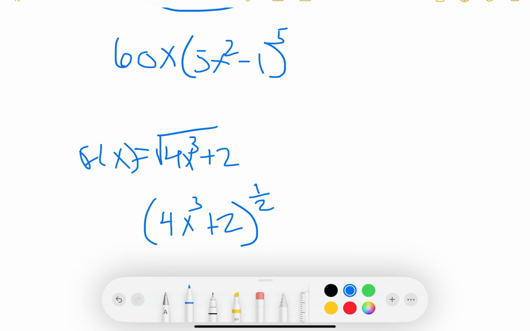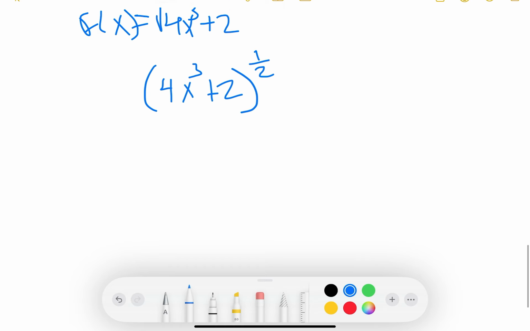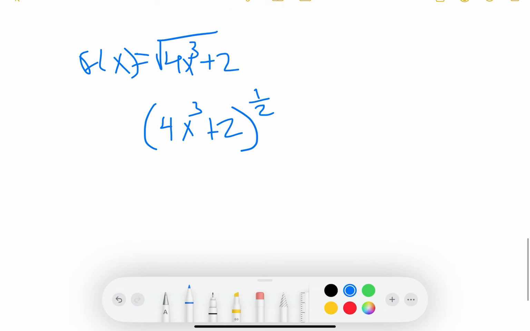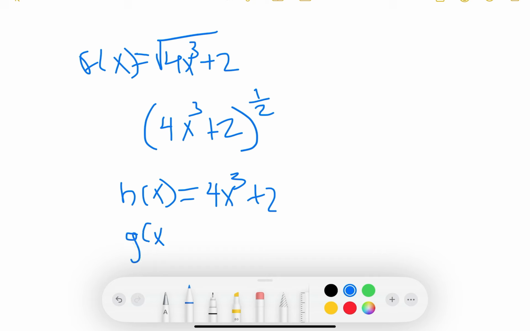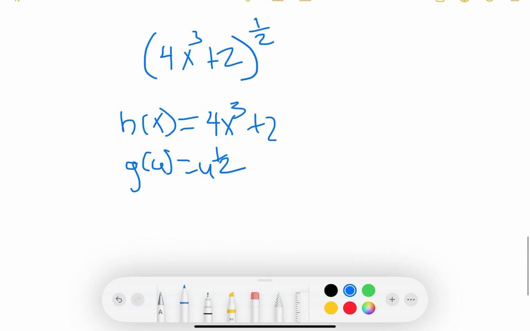After that, I'm going to take the inside and the outside functions. So let me go back to writing f of x, because that's easier. 4x to the third plus 2, and then our outer is g of u, u to the 1/2.